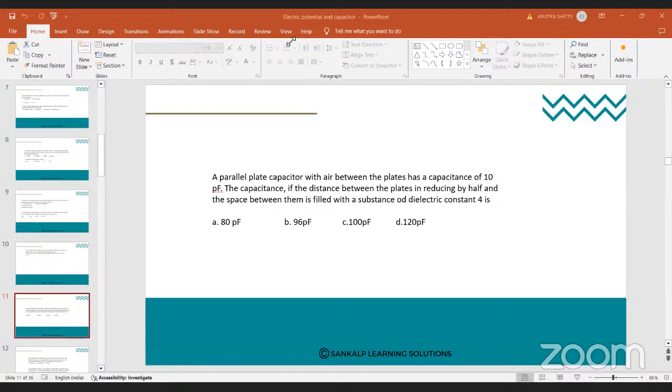So here they are asking you to calculate the value of the capacitance. The remaining quantities they have given: the distance is reduced by half and the dielectric constant is 4.